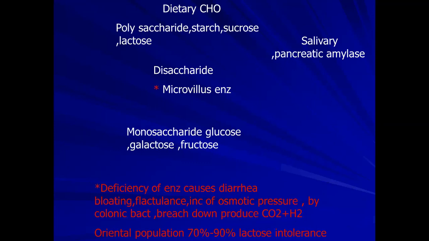In the case of carbohydrate in the form of polysaccharide, starch, sucrose and lactose, if you remember, digestion starts in the oral cavity by mastication and by salivary gland amylase secretion. Then it is transmitted through the esophagus to the stomach, with gastric acid and the contractility of the gastric wall.